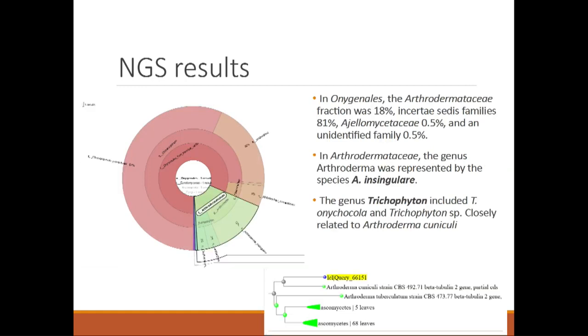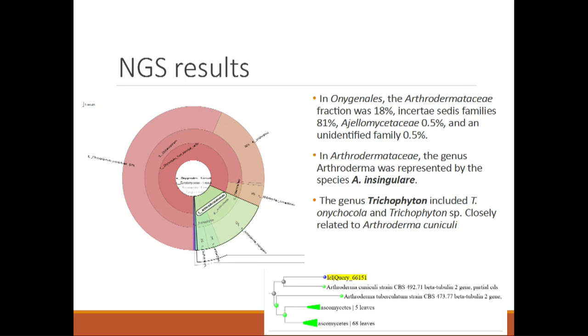So let's see in detail the results concerning Onygenales. We can see that 81% of Onygenales were occupied by incertae sedis families of uncertain taxonomic attribution, and we will consider them a little bit later. So 18% in Onygenales were represented by Arthrodermataceae family, and 0.5% were taken by Ajellomycetaceae family.